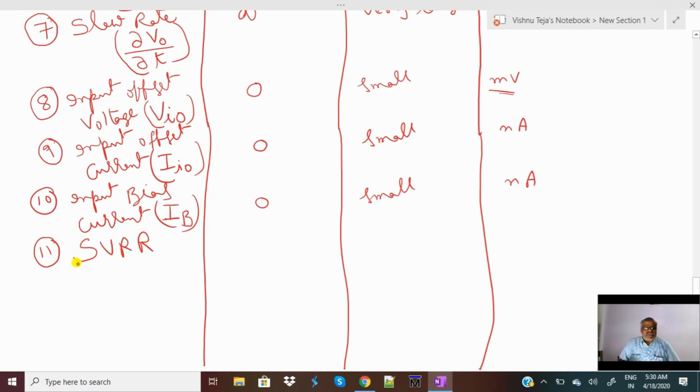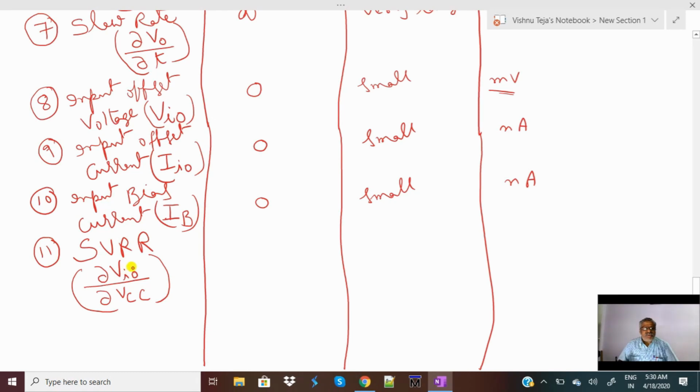Another one is SVRR, called the supply voltage rejection ratio. It is defined as the ratio of change in input offset voltage corresponding to the change in supply voltage.